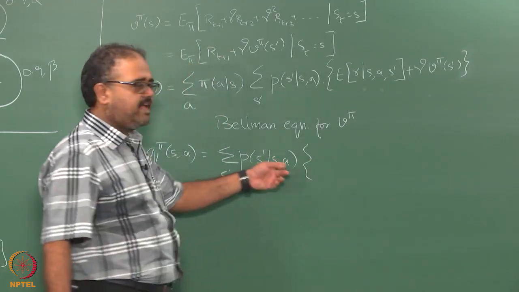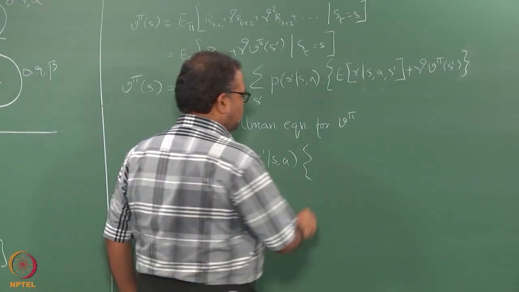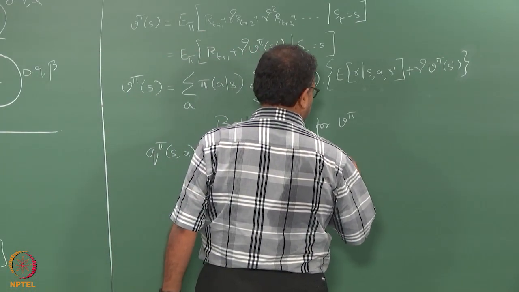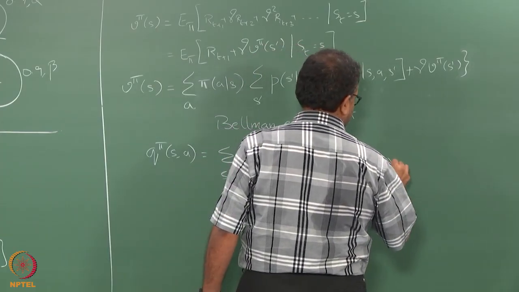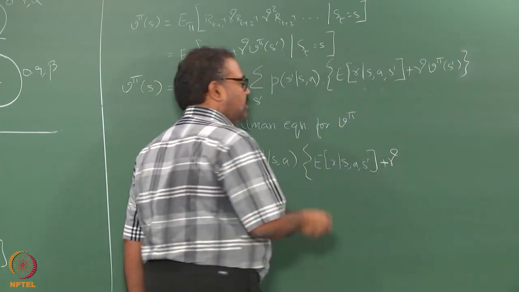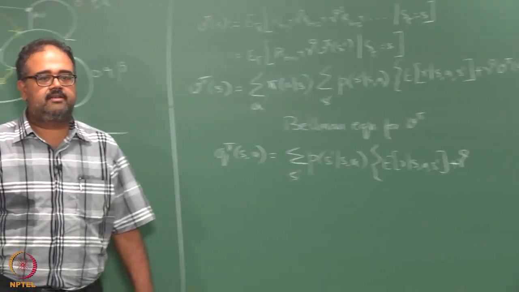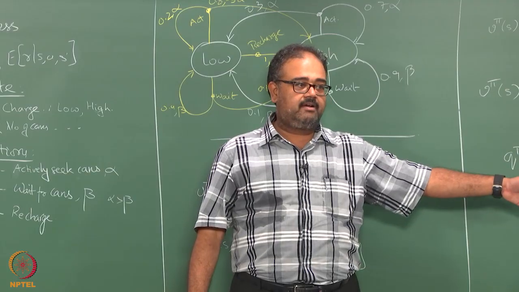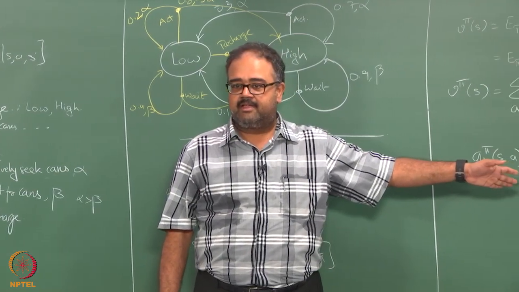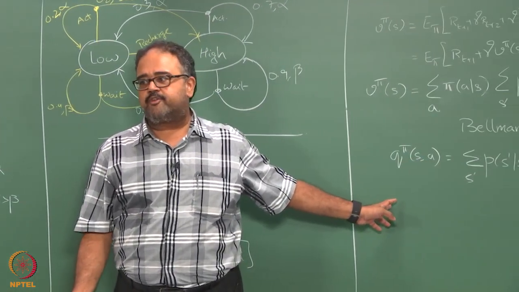Right, now S, A, S prime are all fixed. So I can write expected value of R given S, A, S prime plus gamma times. Now the interesting question is what goes there. I could write V pi and it will be perfectly correct, but I will not be writing Q pi in terms of Q pi.